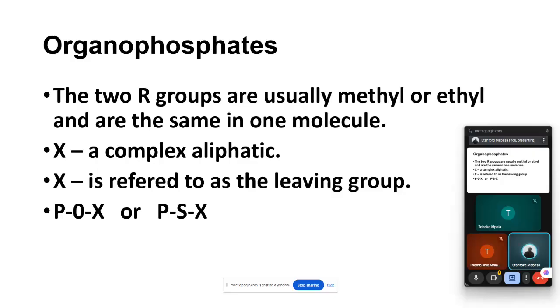So on the organophosphates, the two other groups are usually methyl or ethyl and are the same in one molecule. X is a complex aliphatic. X is also referred to as the leaving group. So you can have that structure POX or PSX. You can have either oxygen or sulfur within the organophosphates.